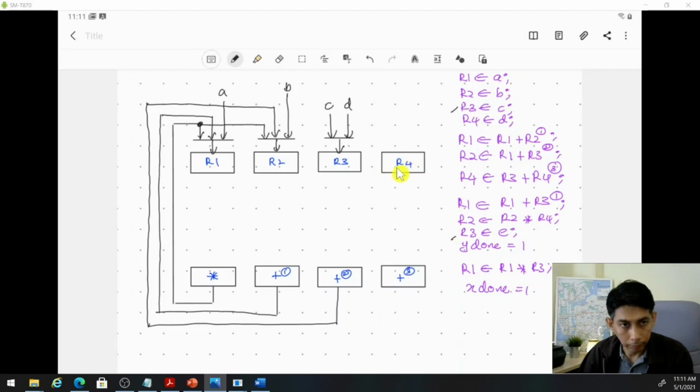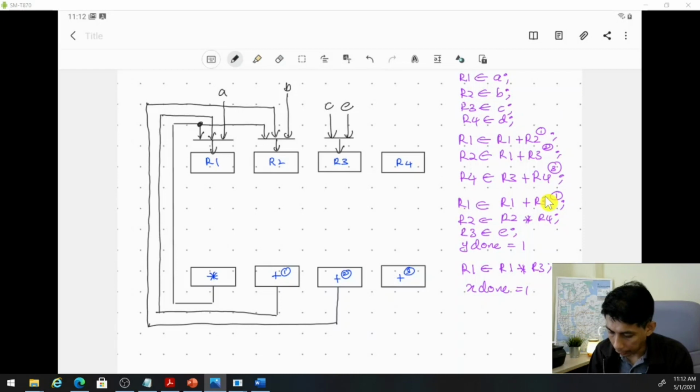And for R4, look at R4. So first one, C and E. For R4, we have D and adder number 3, right?